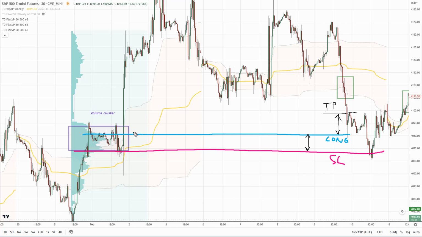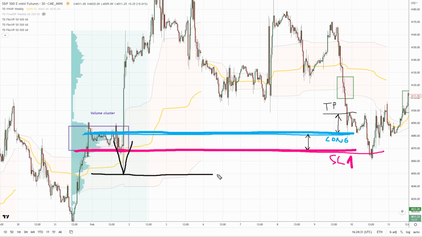So what you do is basically you first find the support or resistance level, like I did in here. This is the support level. And then you look at the volume profile and either place the stop loss behind the heavy volume zone. This is option number 1, or behind swing point. This is the swing point. So this would be potential stop loss number 2.